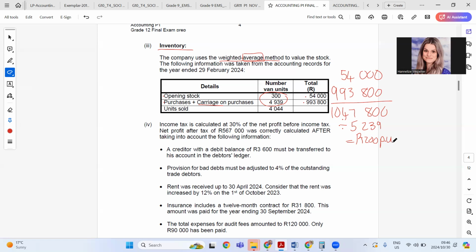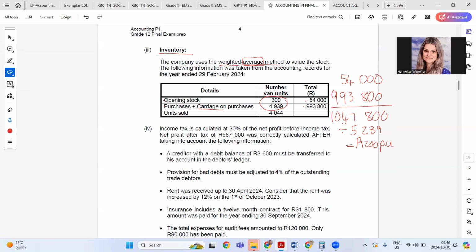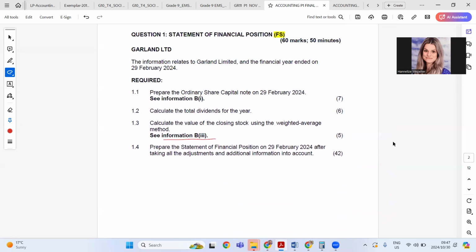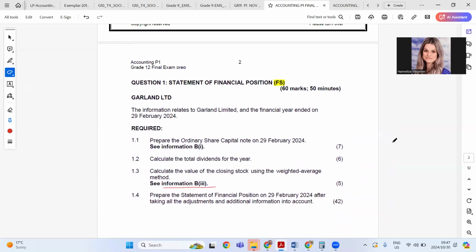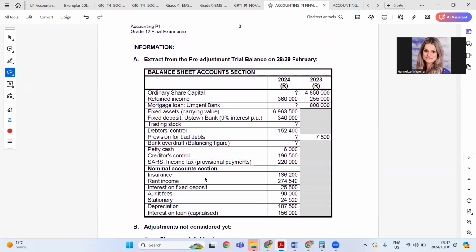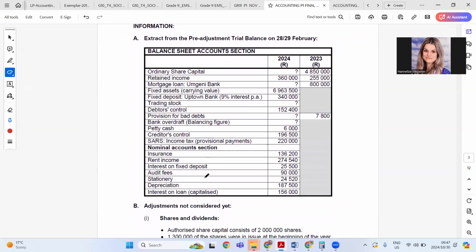Now, how many units do we have available? A good thing to do is always start by reading through the information to see if they give you anything regarding your units at year end. Trading stock: we know we have to calculate that.